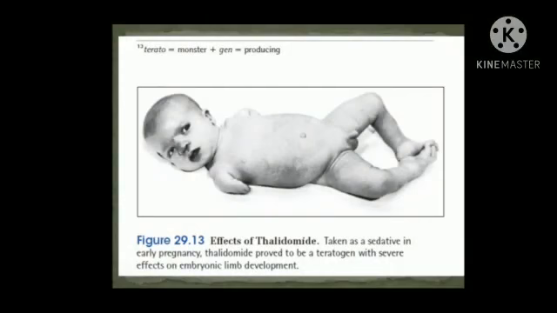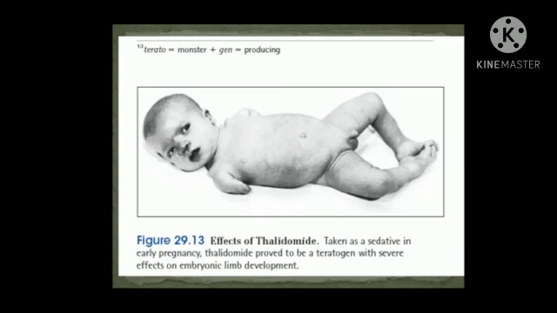This slide is a photo of a child who has many congenital malformations. He has underdevelopment of the hands and legs. It is a demonstration of the effects of thalidomide.